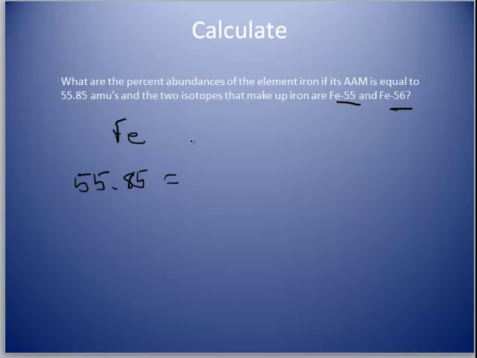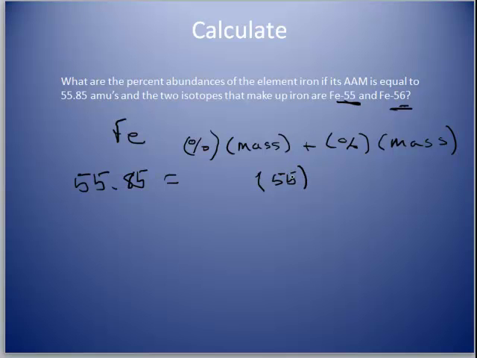Now we've got a little bit of a twist. If you remember, our formula is percentage times the mass of the isotope plus the percentage times the mass of the isotope. So we've got our mass numbers 55 and 56, so we can put those there. One isotope has a mass of 55, the other has a mass of 56.